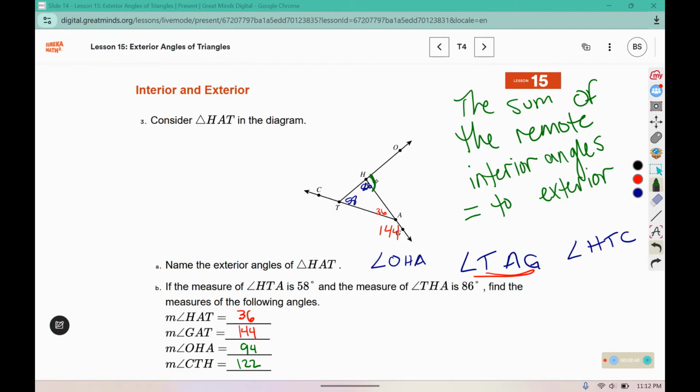So this exterior angle here is the sum of the two that aren't touching it, the two remote, the two away from it.